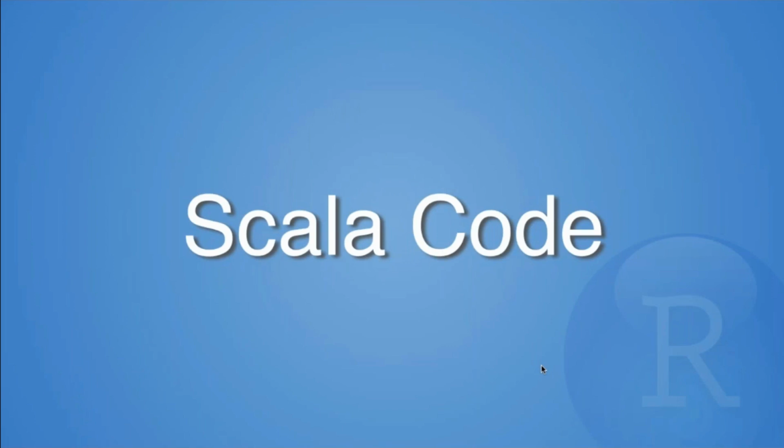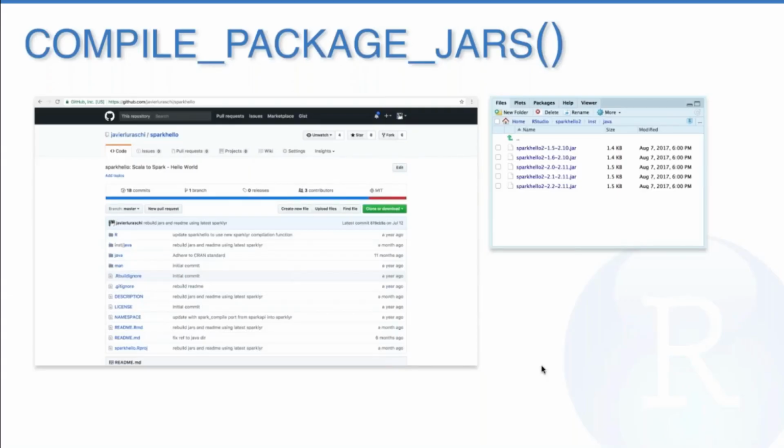So, the last section is on how to develop code in sparklyr, and what we're going to cover here is just briefly how to use Scala code from within sparklyr and how to package it together. One of the best ways to get started with writing Scala code from R, there's two ways, but let's take a look first at a project called sparklyr.sample.